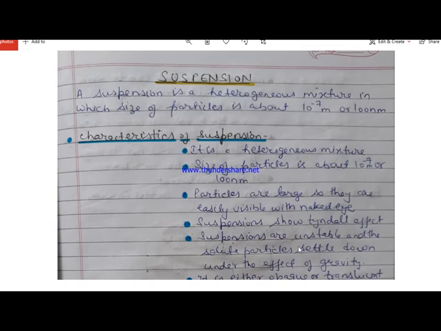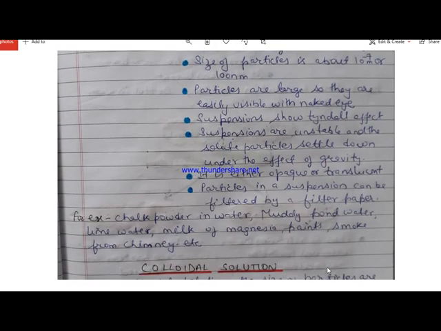That is why we say suspensions are unstable in nature. Suspensions are either opaque or translucent. Particles in a suspension can be filtered by a filter paper.